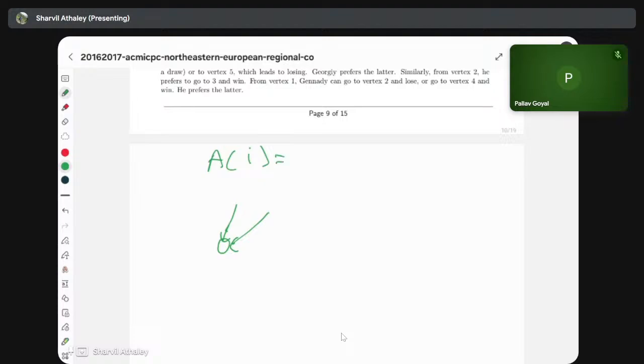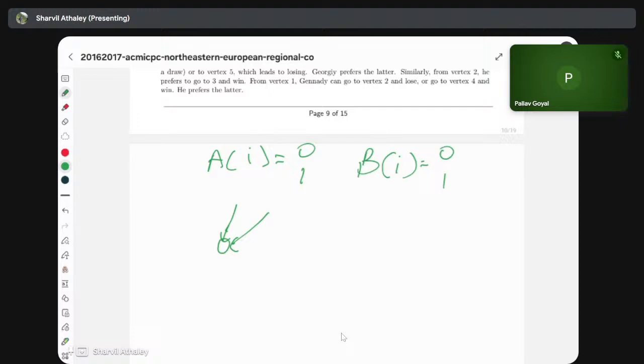It is 0 if player A is not able to continue the game always, that means it will terminate, and 1 if he's able to continue always, and B_i will have 0 if he's not able to terminate the game, but 1 when he's able to terminate the game.